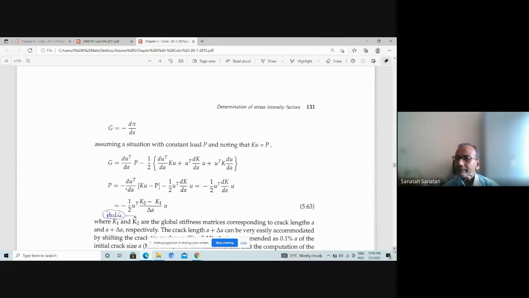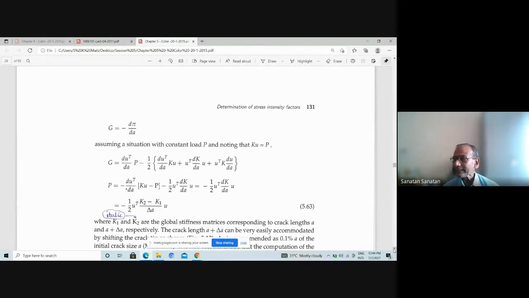What I am saying is that we take a given case of crack size A, and if I have to evaluate the strain energy release rate by this procedure, I have to calculate the stiffness corresponding to two crack sizes, A plus delta A. Just the stiffness, K2 minus K1 by delta A, that much, and then have the displacement evaluated for the given loading and geometry.